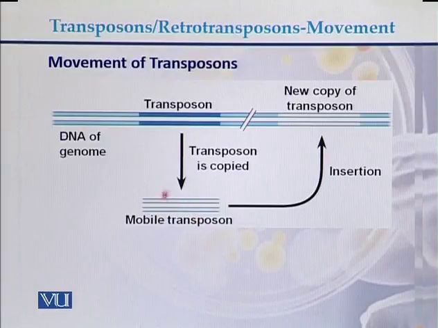It moves as a segment of DNA from one location to another location, or it is inserted into another location of the genome, then it is called a transposon. Means in the case of transposons, the intermediate is DNA. DNA moves from one location to another location of the genome.